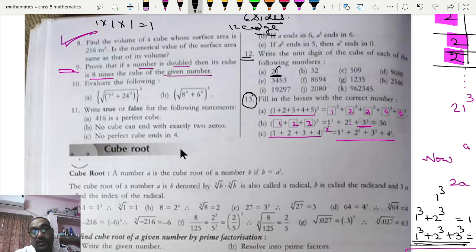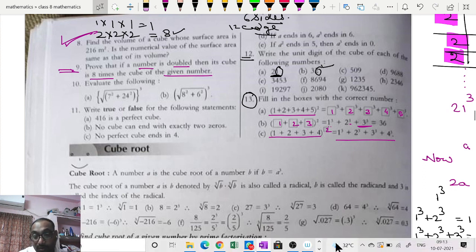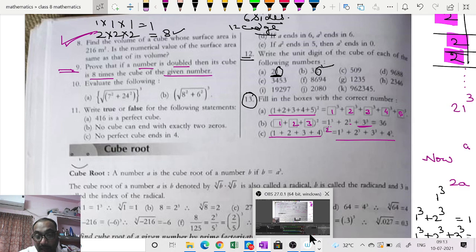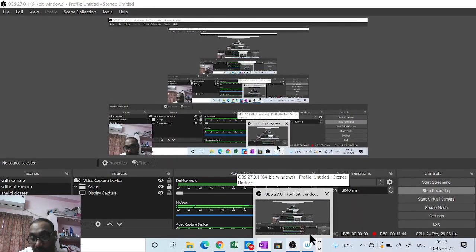So its unit digit will always be 1. If it is 2, then the unit digit in the cube will be 2 twos are 4, 2 fours are 8. That is constant. So in the same way you all can find the value of the unit digit. Clear? I'm sure that you all have understood this concept and will be working on it.